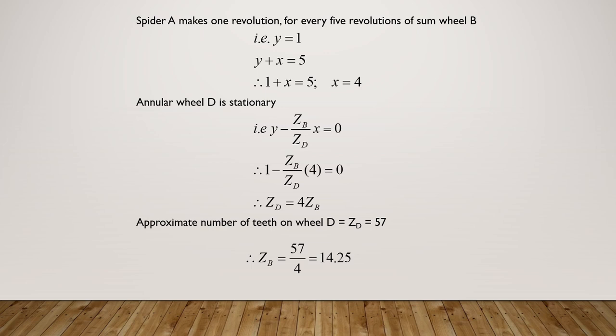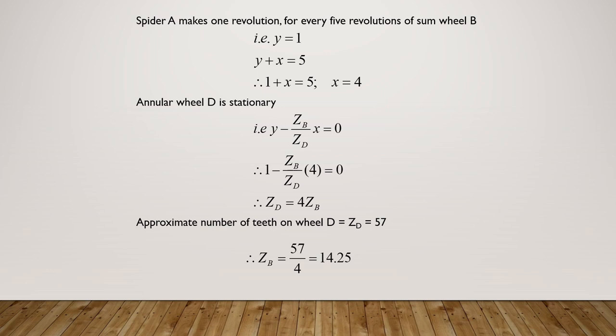In the question he has told that spider A makes one revolution for every 5 revolutions of sun wheel B. So what is the speed of A? From the table we got y. So if that y is equal to 1, according to the statement, for every 5 revolutions of sun wheel B, what is the speed of sun wheel B? That is y plus x according to the table. So when y is equal to 1, y plus x is equal to 5.